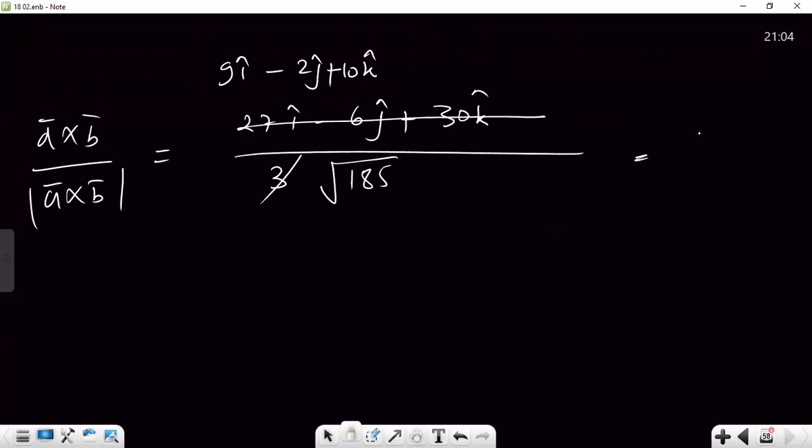That becomes our answer: 9 i cap minus 2 j cap plus 10 k cap divided by square root of 185. This is our answer, with square root of 185 in the denominator.